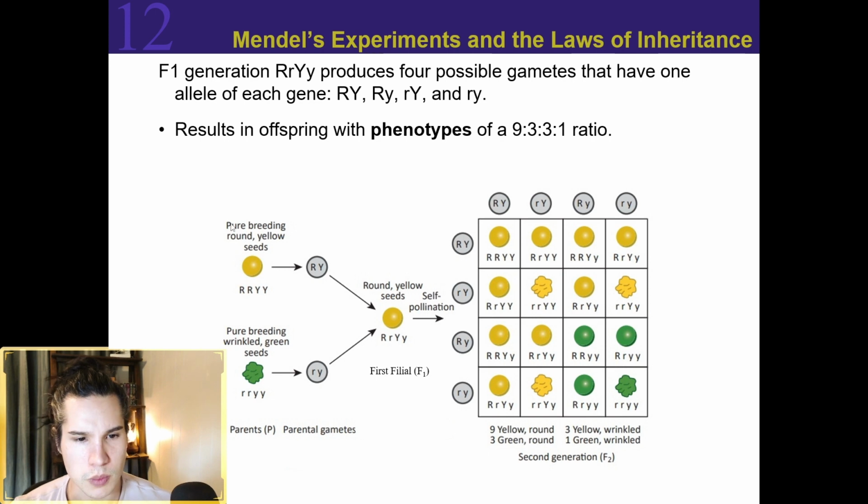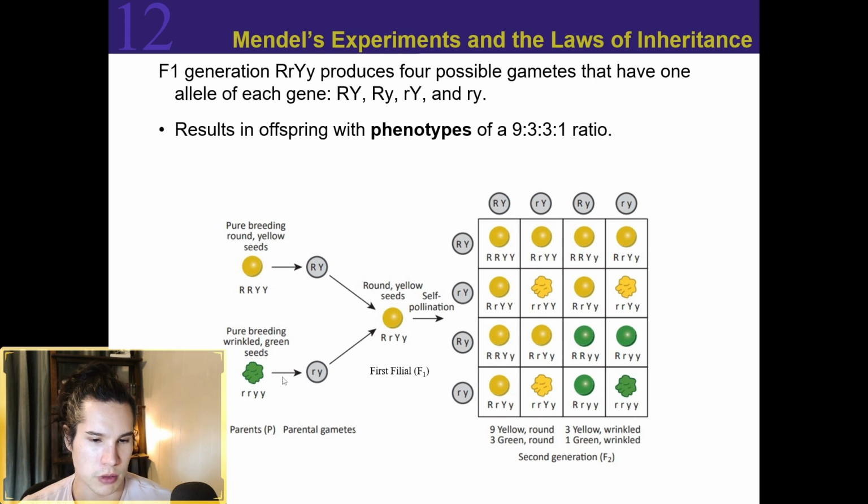So here we have a pure breeding round and yellow seeded plant. The only potential gametes that it's going to contribute are big R and big Y. And then you have a true bred wrinkled green seeded plant, so little r for the recessive wrinkled and little y for the recessive green.